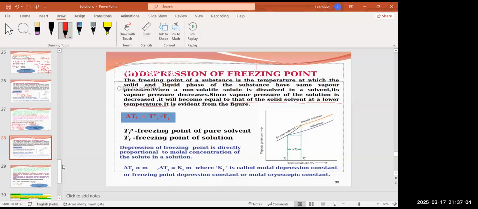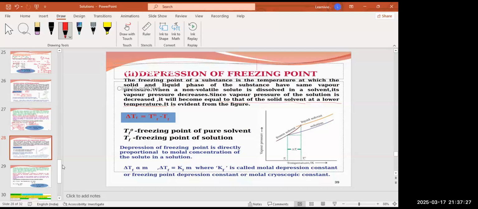And you can see in this figure, this is the graph of vapor pressure versus temperature. This line is for frozen solvent, this is for solution, and this is for liquid solvent. So what happens when a non-volatile solute is dissolved?